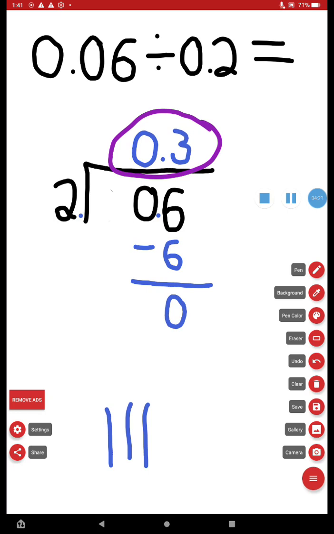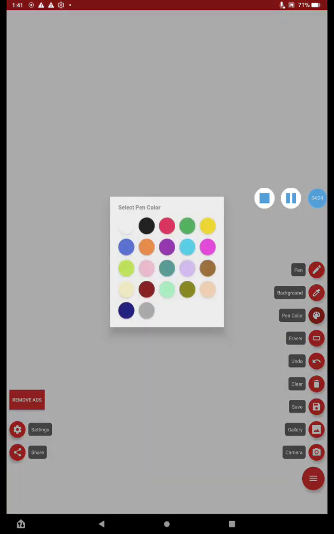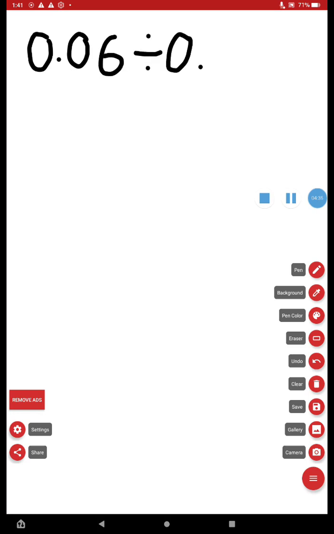Let's take a look at that. All right, so we're going to start off with the same problem of 0.06 divided by 0.2. And what I'm going to do is rewrite this problem so that it's a fraction.